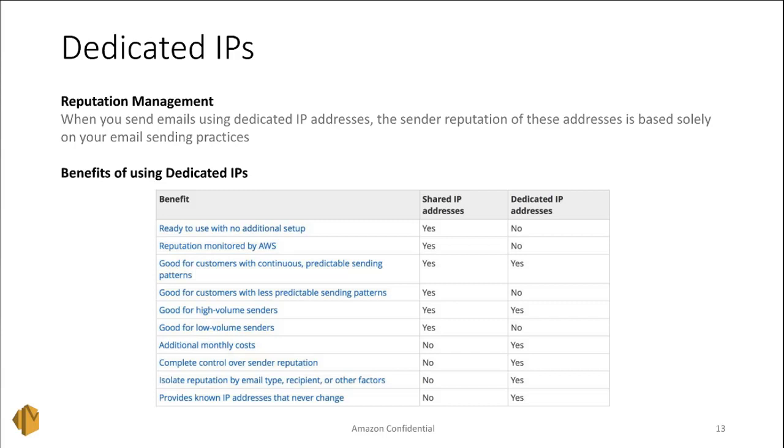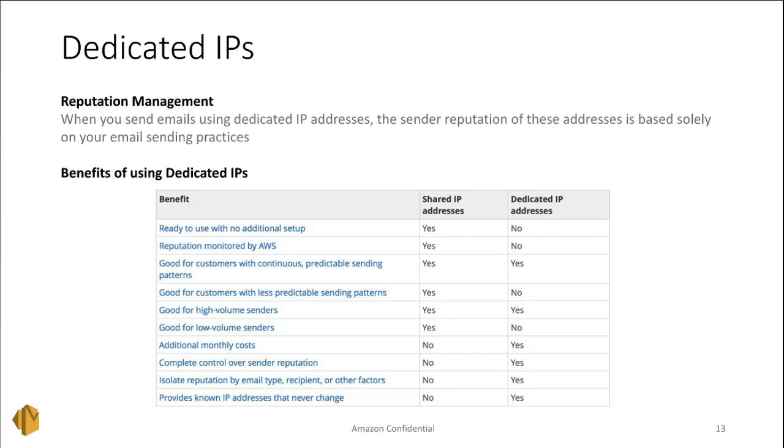Before we dive into some of the features and how you can use dedicated IPs, I want to address the top question that I get asked every time. That is, is a dedicated IP right for me? And for that, we developed this matrix that is available on our website on the product details page that I want to spend a little more time on today.